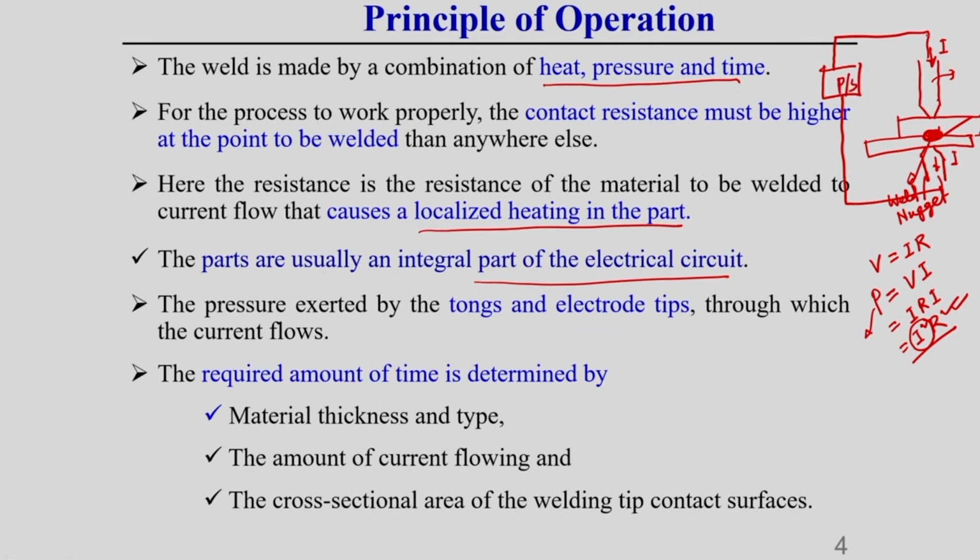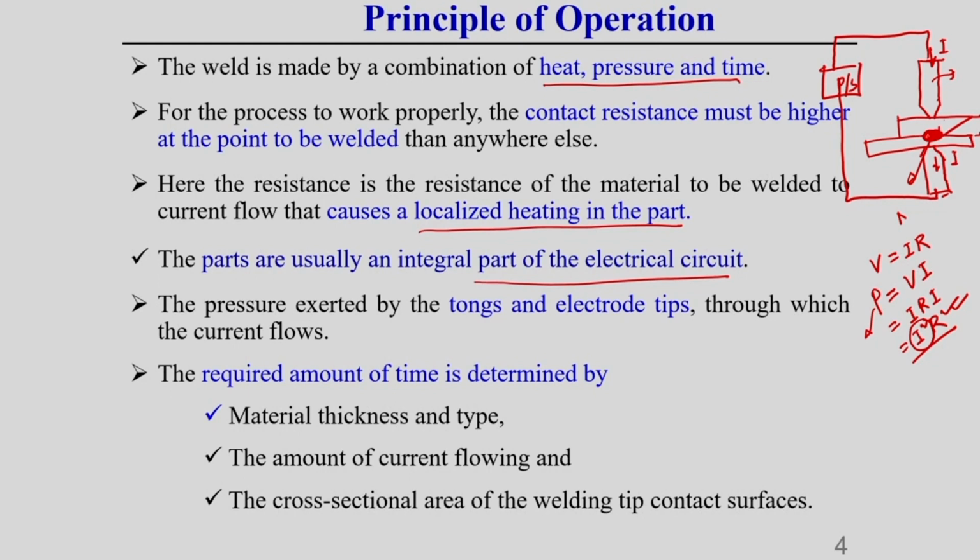From this power source the current passes through the cable to the electrode, then the workpiece, then the contact region, and after that it returns to the other side. So the workpiece itself is a part of this electric circuit. You can observe this from this figure.